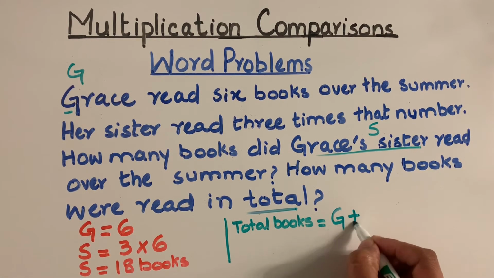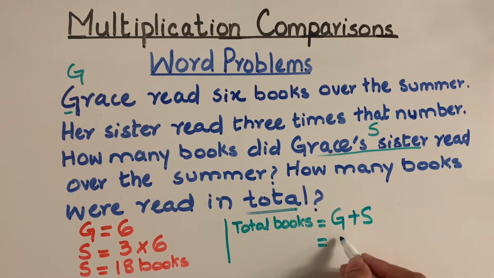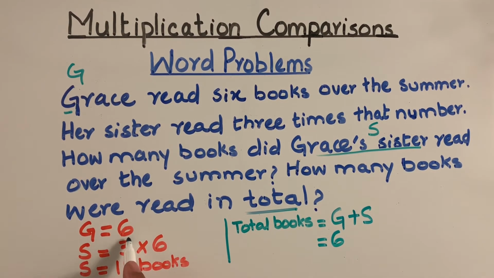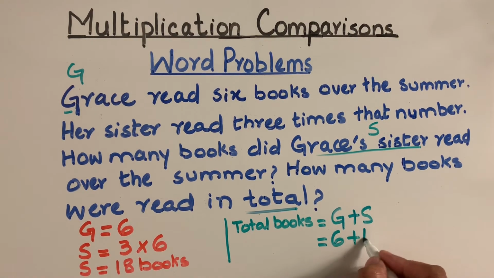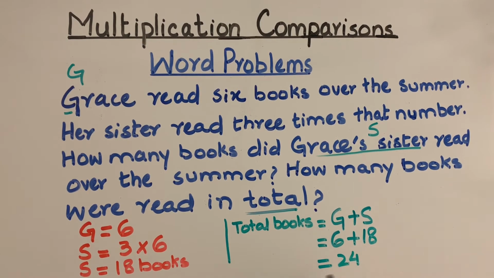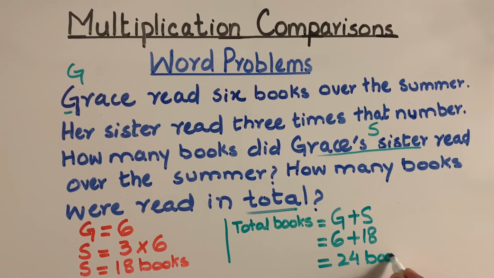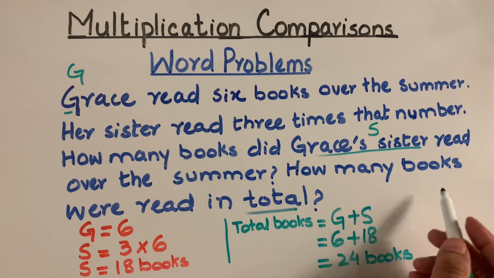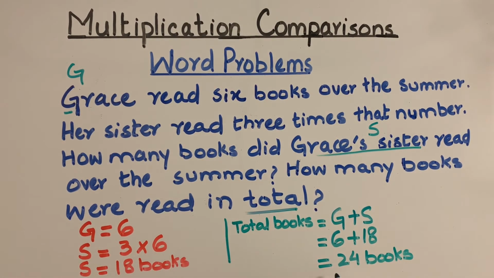Grace plus Grace's sister. Grace read 6 books and Grace's sister read 18 books. 6 plus 18 is 24. So the answer to the second part of the question is: 24 books were read in total.